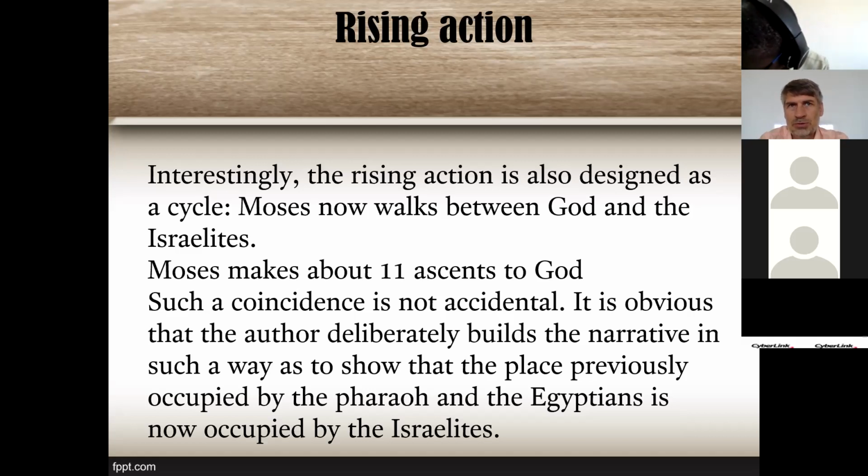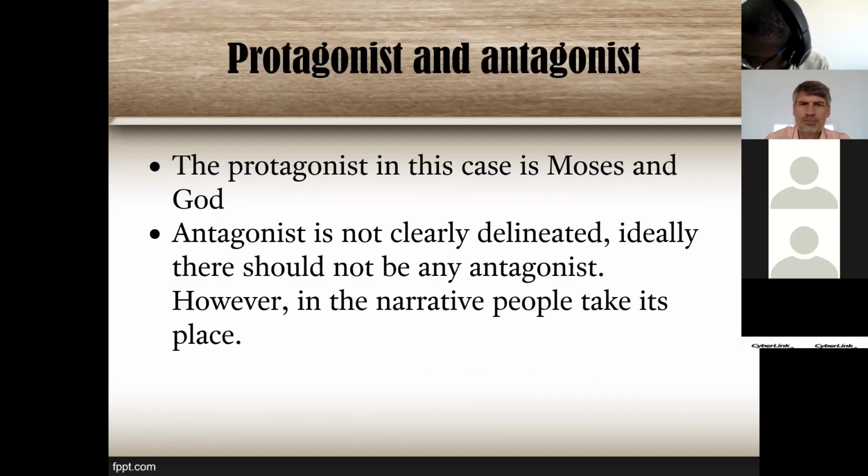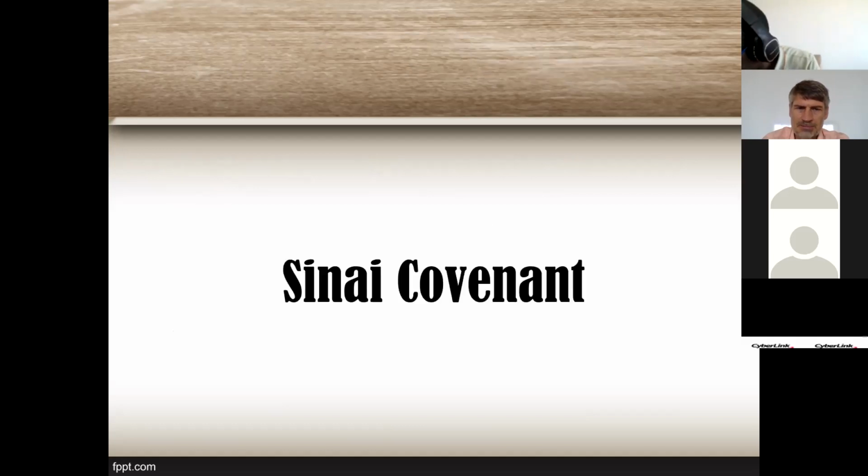So it should be a story without an antagonist. But what happened in the narrative is that the Israelites took the place of the antagonist. The place that before was taken by Pharaoh and the Egyptians is now occupied by the Israelites. So the antagonist is not clearly delineated. Ideally, there should not be any antagonist. However, in the narrative, people take its place.